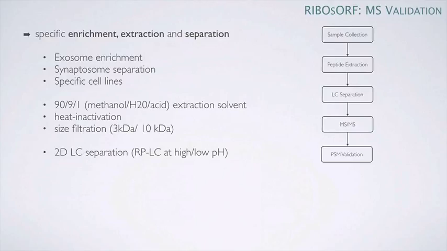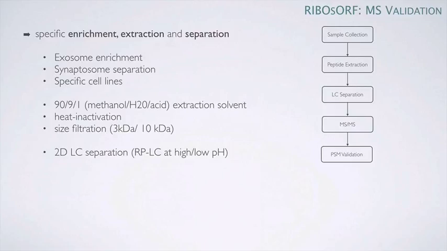We did exosome enrichment, we did synaptosome separation, or we also analyzed specific cell lines where we thought some of our candidates would be expressed. There's also a lot of enriched extraction going on. There's also a lot of small peptide extraction protocols, for example, the heat inactivation.